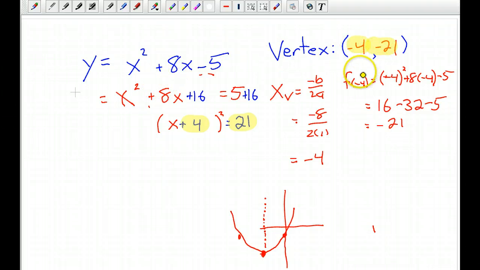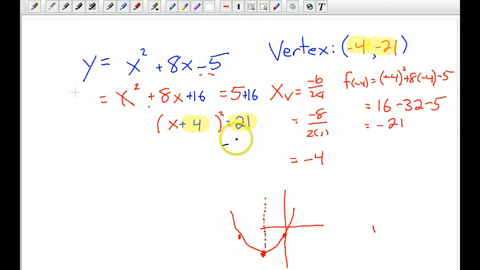Yeah, I think that's a coincidence. I think not. So, today we're introducing that halfway through completing the square, the vertex actually shows up, which can be quite useful if we need to graph and find the x-intercept.